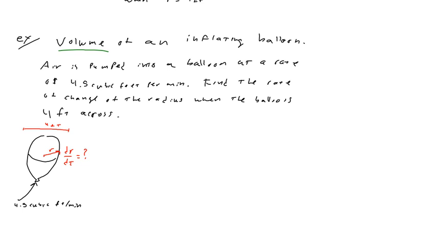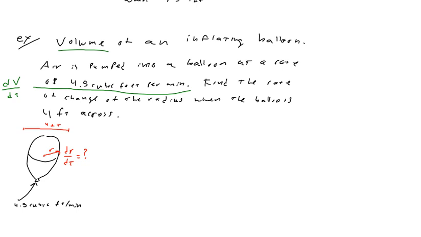So this 4.5 cubic feet per minute is the change in volume in time. That's dV dt. Units are important. They tell you a lot about the situation. Cubic feet is a measurement of volume.